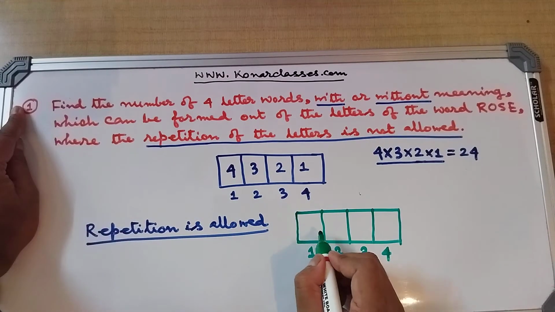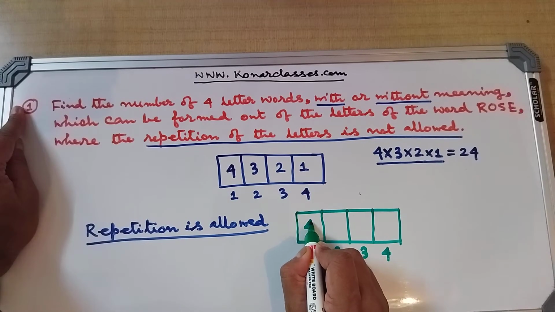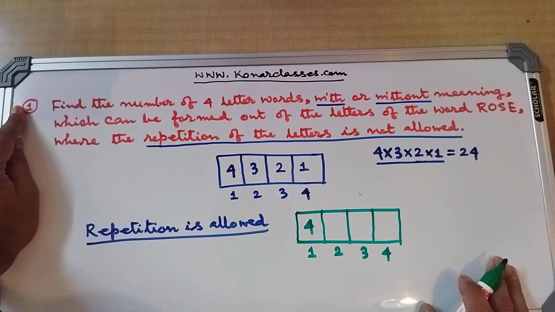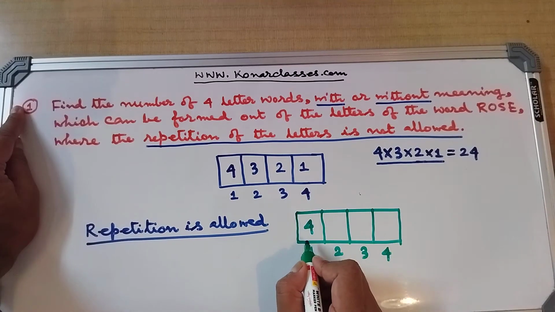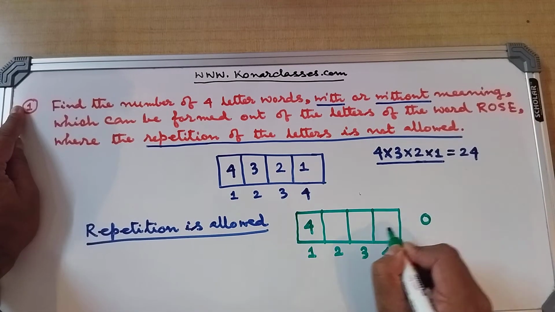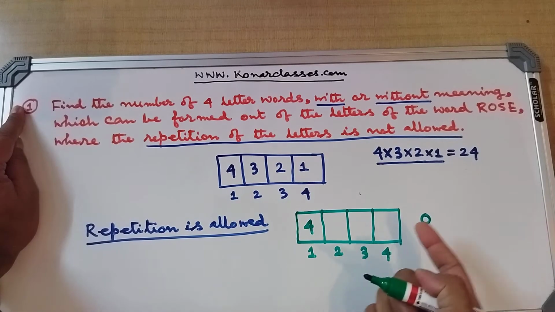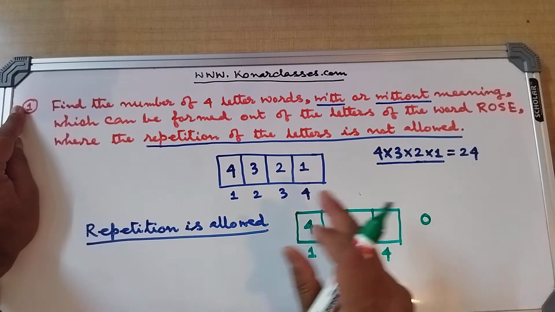The first place can be filled with any of these 4 letters, so that can be done in 4 ways. The second place also can be filled in 4 ways, because repetition is allowed. That means if in the first place we choose O, then in the second, third and fourth places also we can choose O.